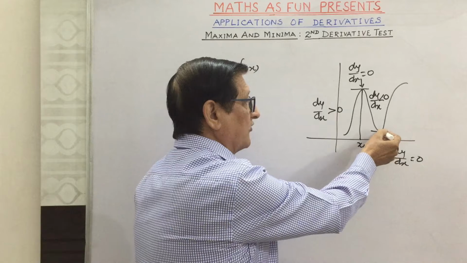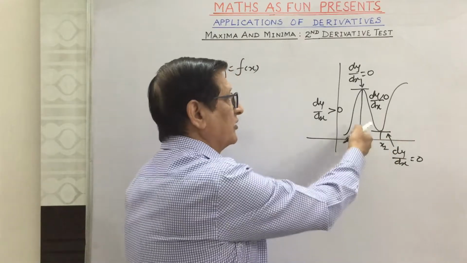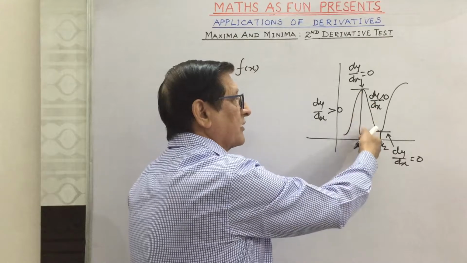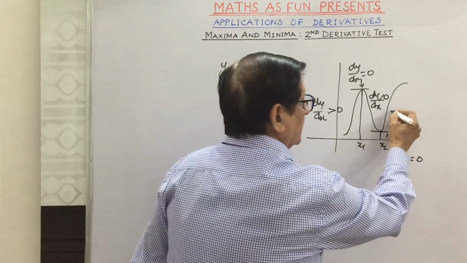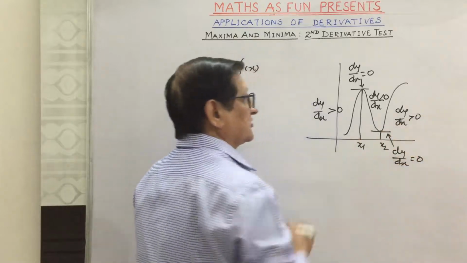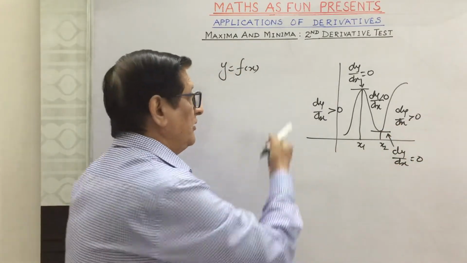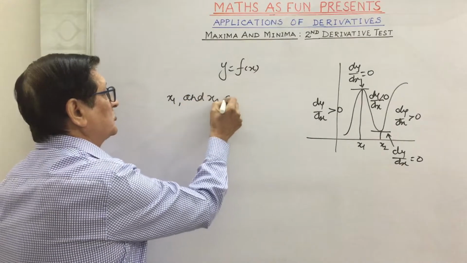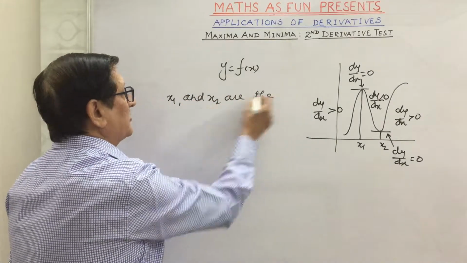For a point of local minima, we found dy by dx on the left is less than 0 and on the right it is greater than 0, that is positive. So we say here x1 and x2 are the critical points.